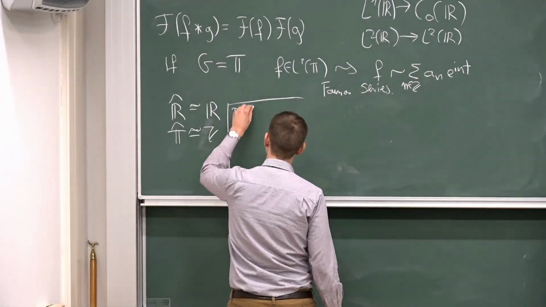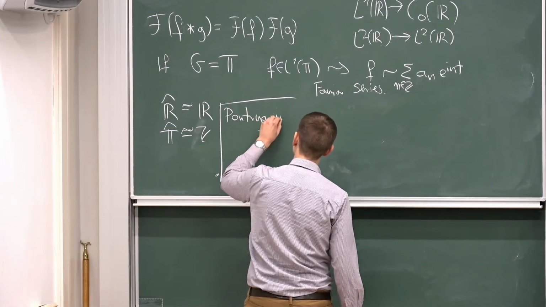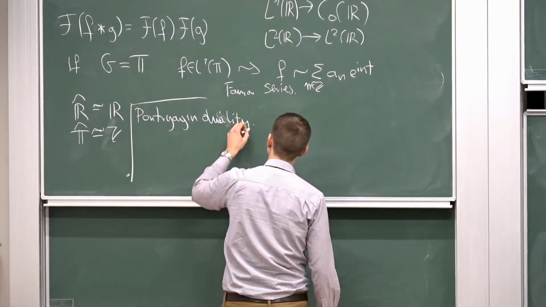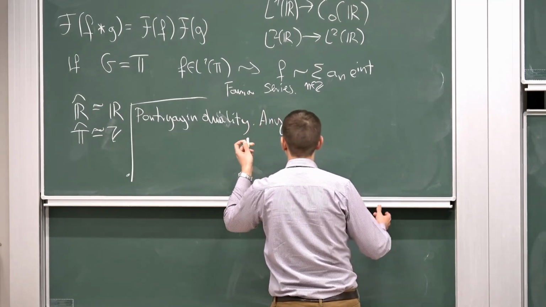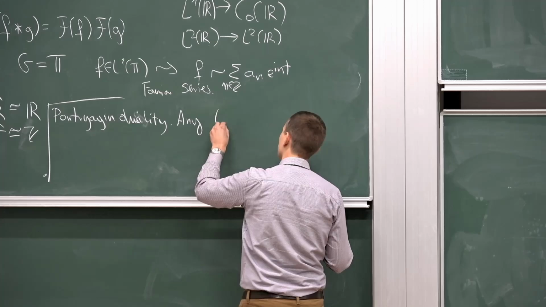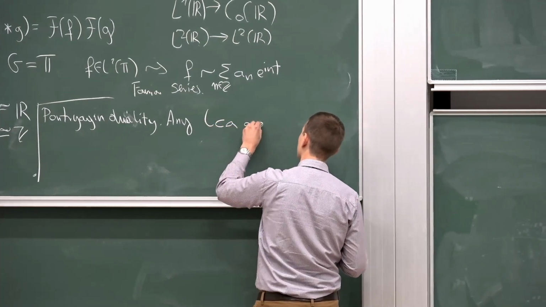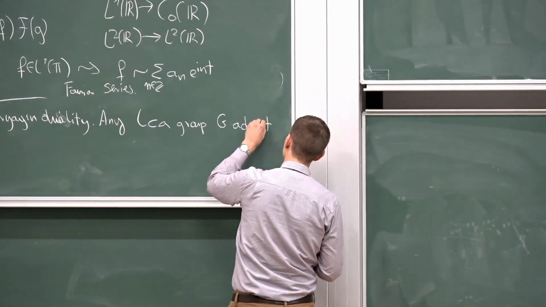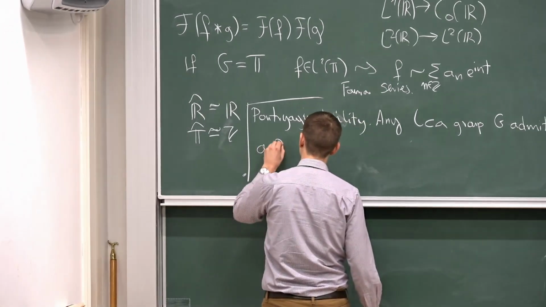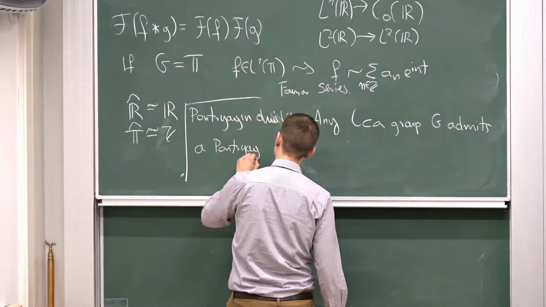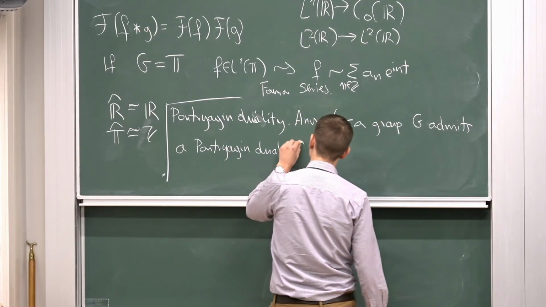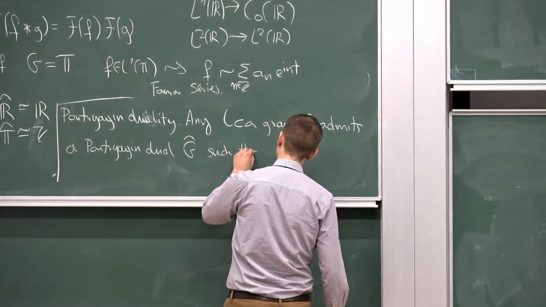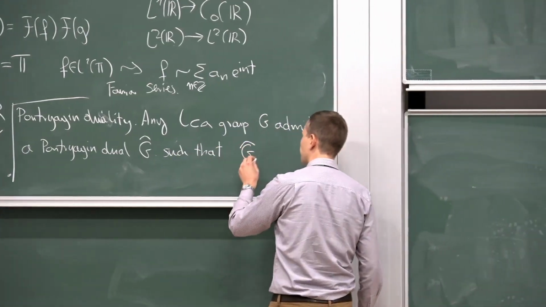So, Pontryagin duality: any locally compact abelian group G admits a Pontryagin dual, G hat, such that if you do this procedure twice, it's really a duality.